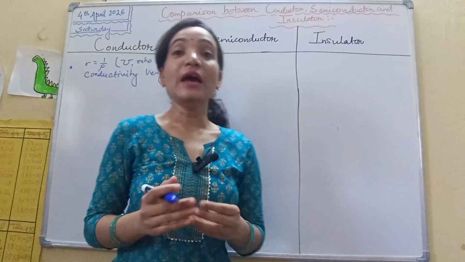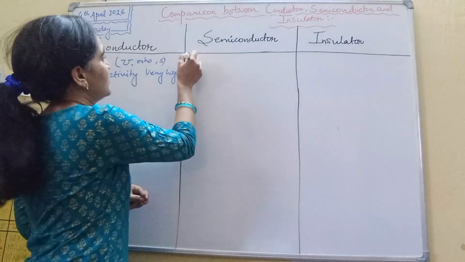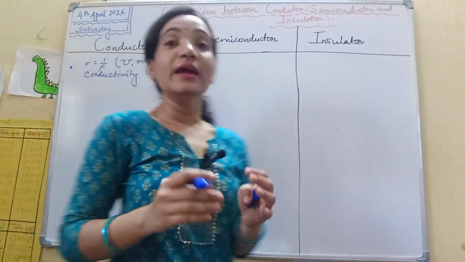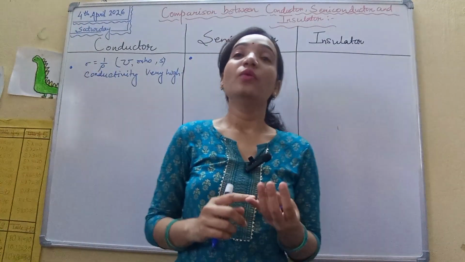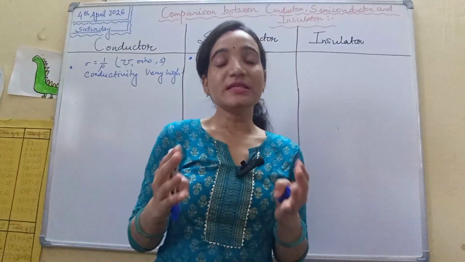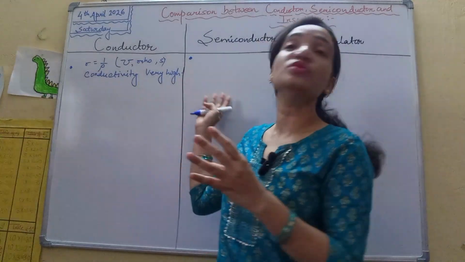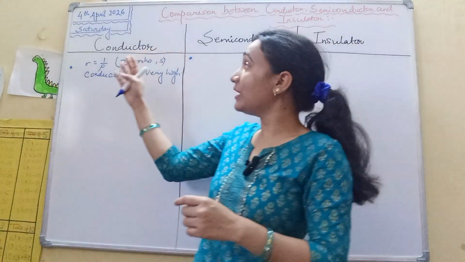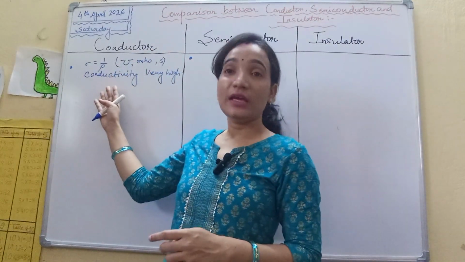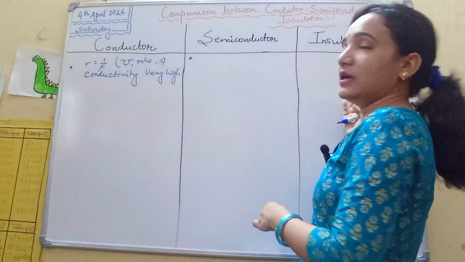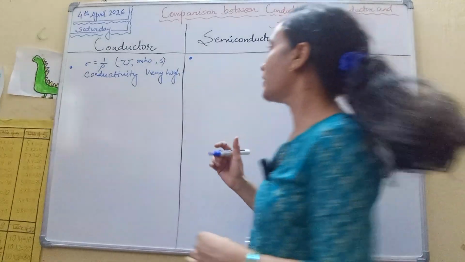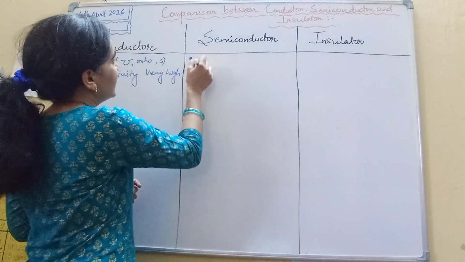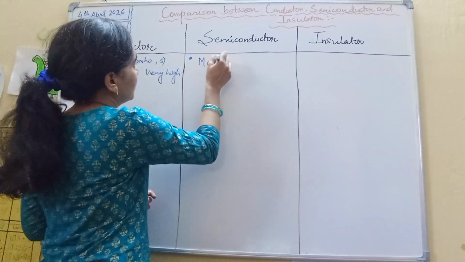Now let us take the case of semiconductor. Semiconductors are those kinds of elements or substances whose conductivity lies between the conductor and the insulator. So here the conductivity is moderate.